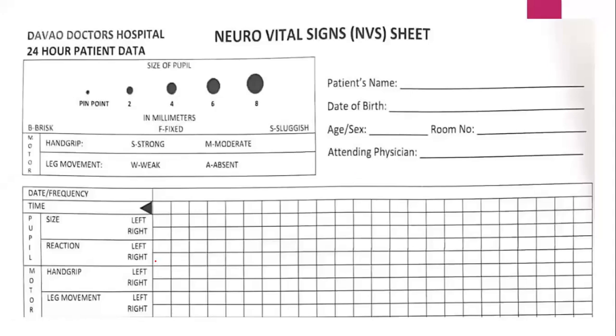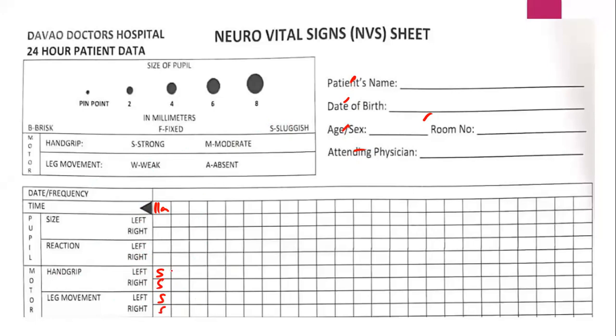Okay? So dito, paano siya isulat? Again, write the headers. Then, for example, 11 pa rin tayo dito. So sulatan ko na lang dito: hand grip, sabihin na nating strong yung dalawa, then leg movement is also strong.